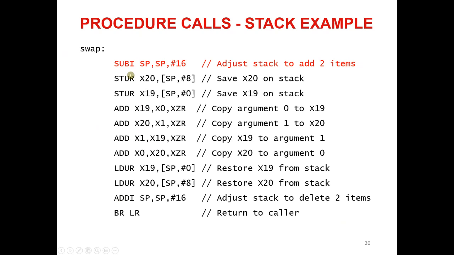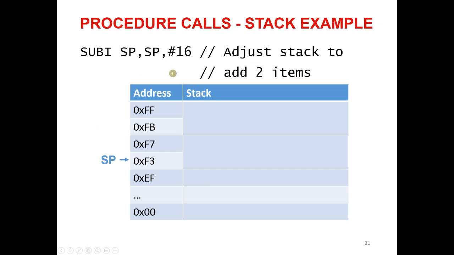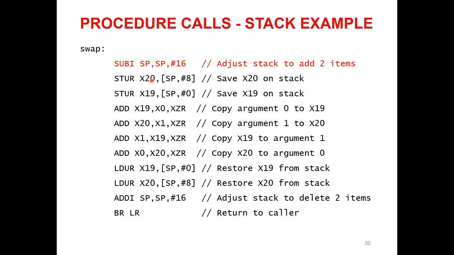So what are we doing first? As we plan to use register 20 and register 19, and as we have mentioned, those registers must be preserved on a procedure call, I need to store the value of those registers before using them.